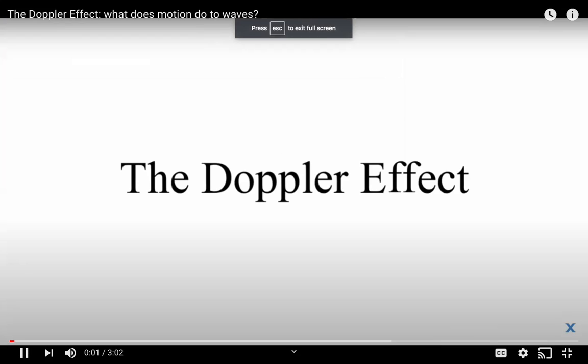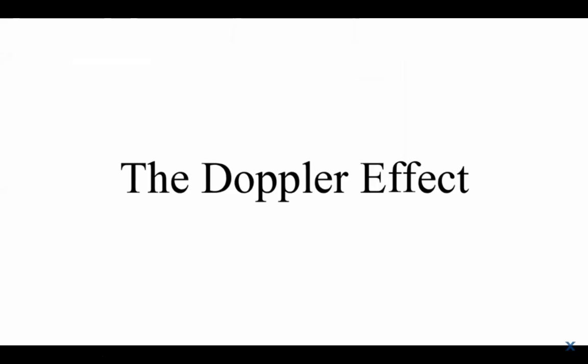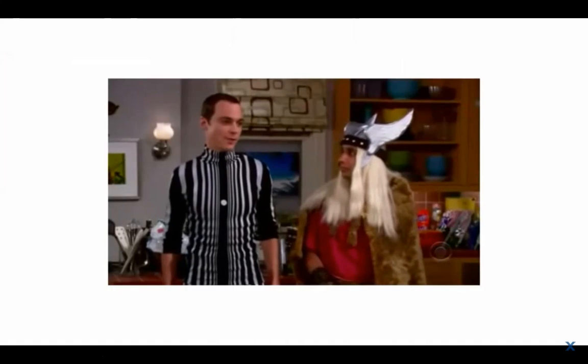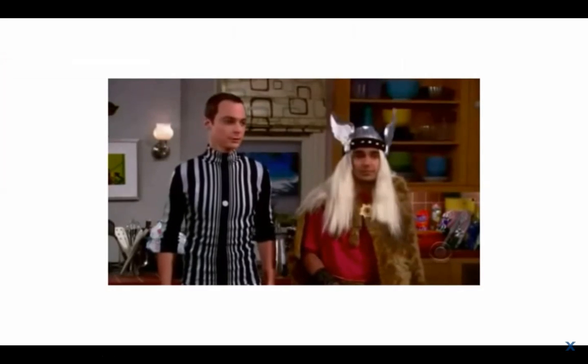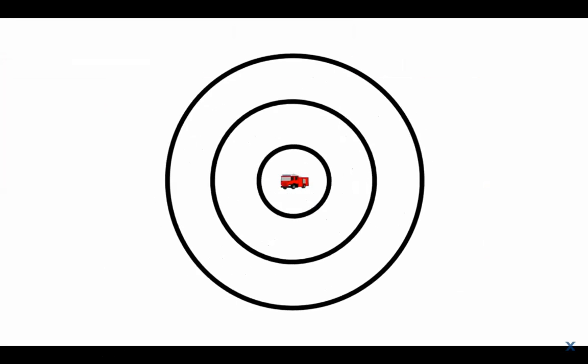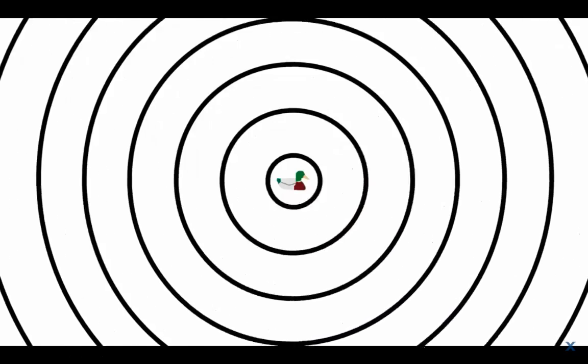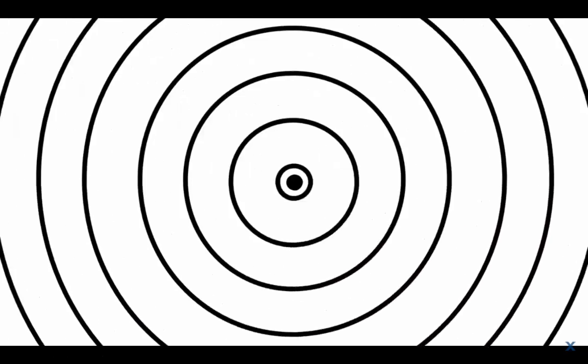The Doppler effect. In Sheldon's words, it's the apparent change in the frequency of a wave caused by relative motion between the source of the wave and the observer. The Doppler effect is perhaps best explained visually. So here's a thing that is emitting waves. It could be a fire truck emitting sound, it could be a star emitting light, it could be a duck creating ripples on a pond. Those are all waves, and they all look something like this. We see the Doppler effect happening when the thing that is emitting waves moves.